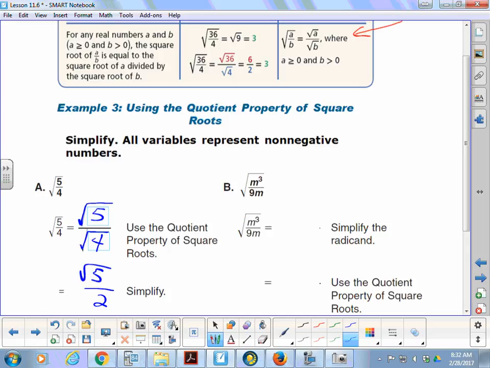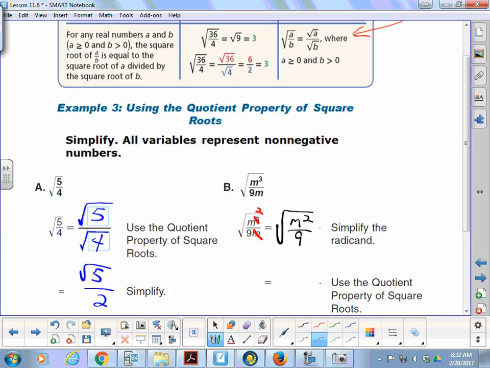So letter B, we have m's in the numerator and m's in the denominator, which means I can cancel them. I can cross out one m here. So this becomes the square root of m squared over 9.